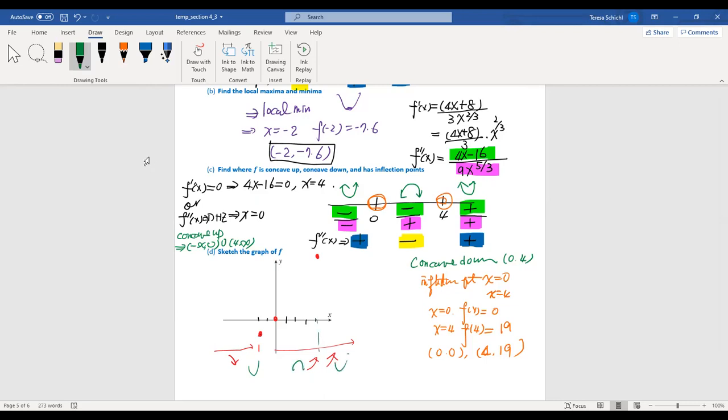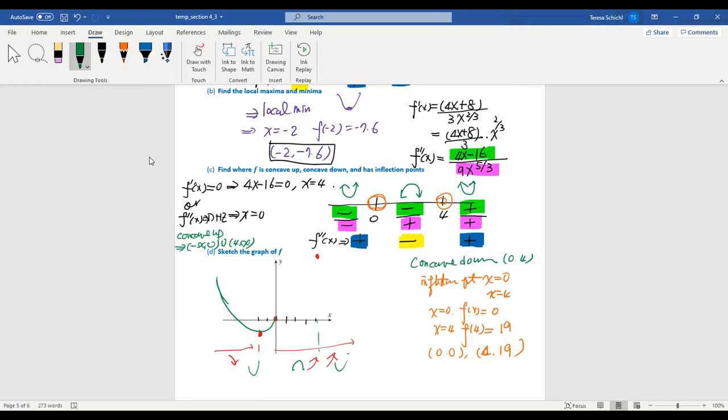Okay, so now let's combine that information. Concave up, right? And this is decreasing. So I can have a graph that's concave up, something like that. Then from 0, it continues concave up, and it continues increasing now.